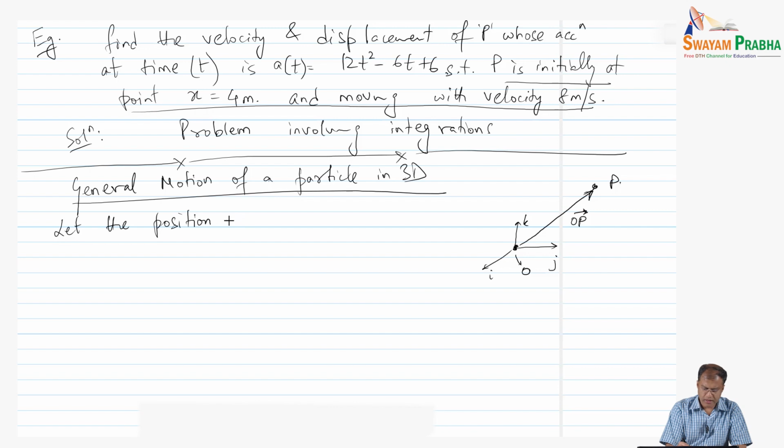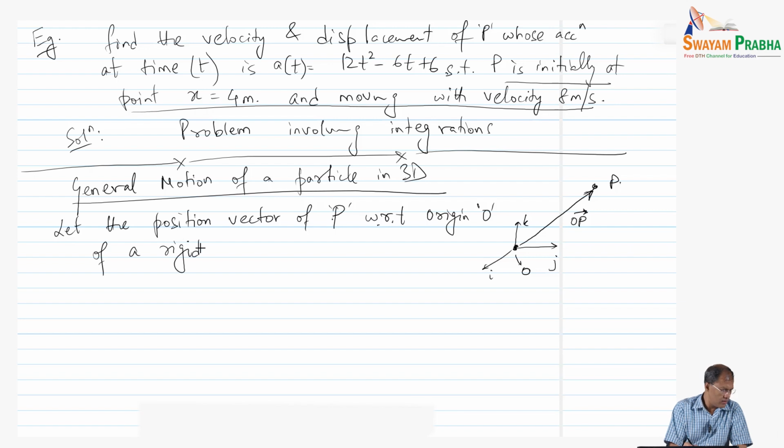Okay. So let us say that the position vector, so I am just writing what I just said. So let the position vector of P with respect to the origin O of a rigid reference frame F be R. Okay.